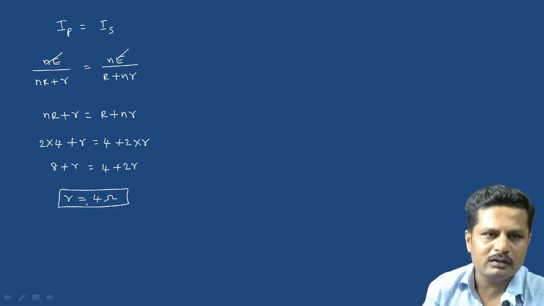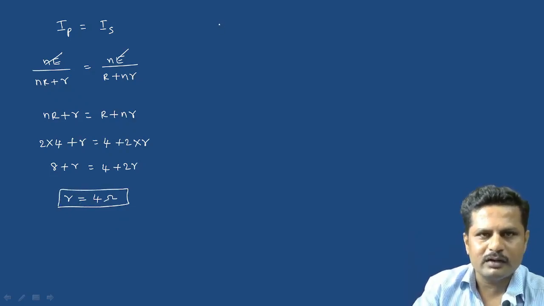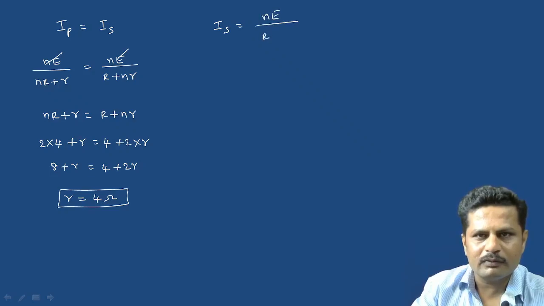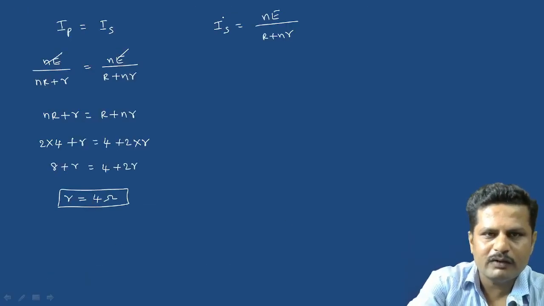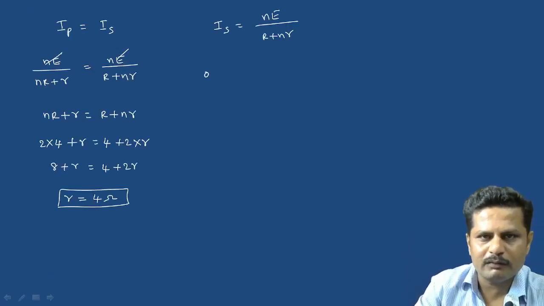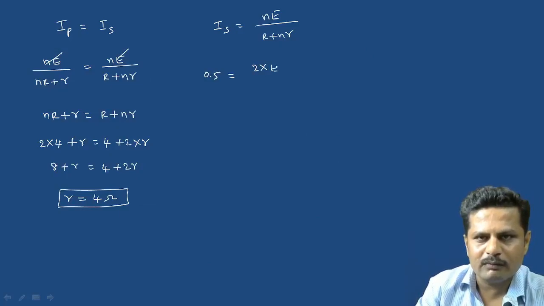On substituting this value in any one of the equations, let me take I_S equals nE divided by R plus nr. We know that I_S is 0.5 ampere, so 0.5 ampere equals n, number of cells 2, times E, the EMF to be determined, divided by R equals 4 ohm plus n times r, and the internal resistance we just determined is 4.